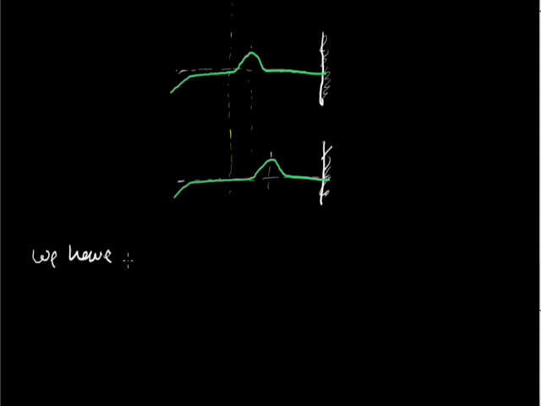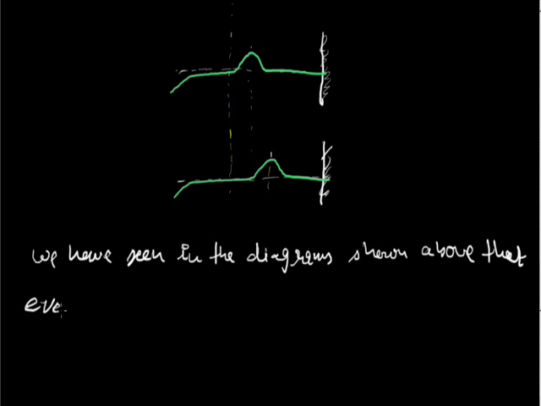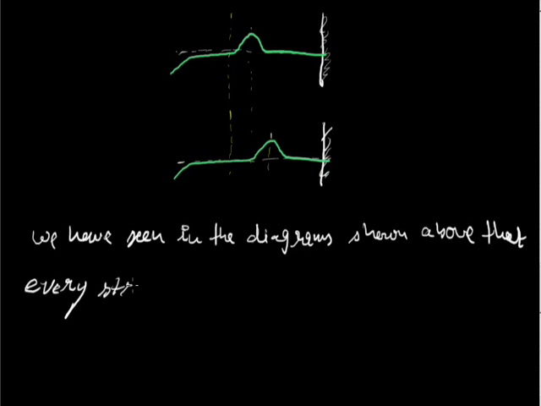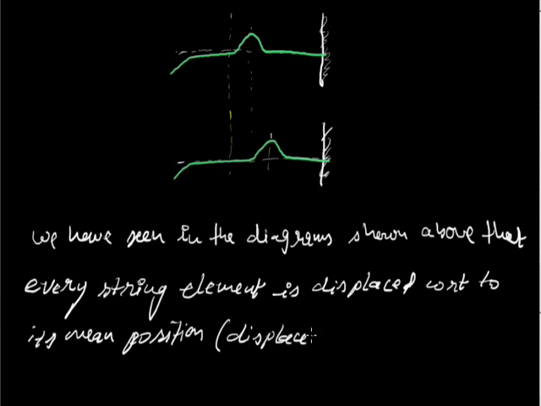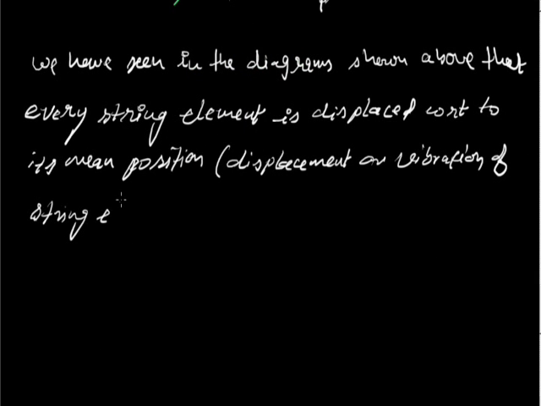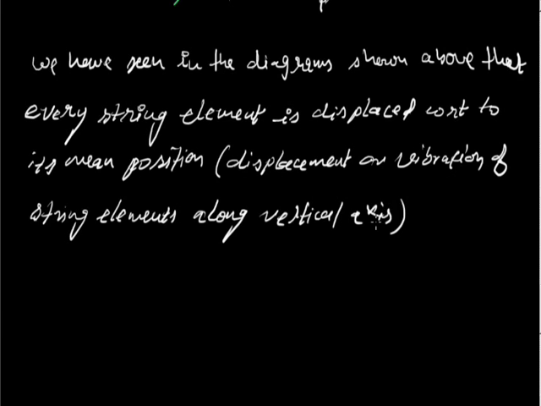We have seen in the diagram shown above that every string element is placed with respect to its mean position, that is called the displacement or vibration of the string element along the vertical axis.